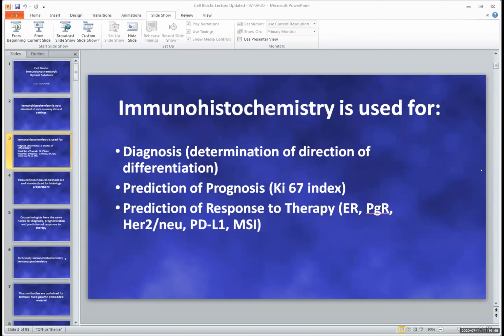So we are now required standard of care on certainly histologic specimens, and as we'll see more and more on cytologic specimens, to be able to go the extra mile and give very specific information on whether a patient is a candidate for certain types of targeted therapies.